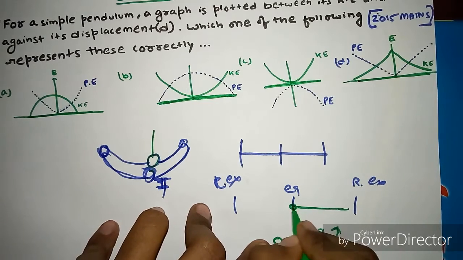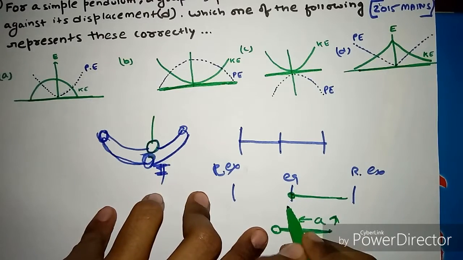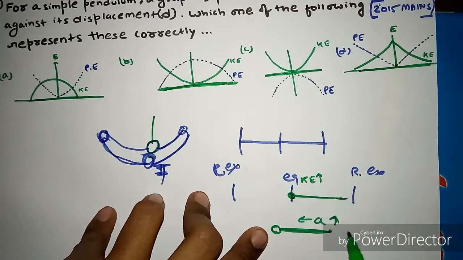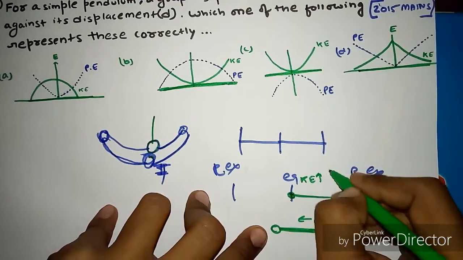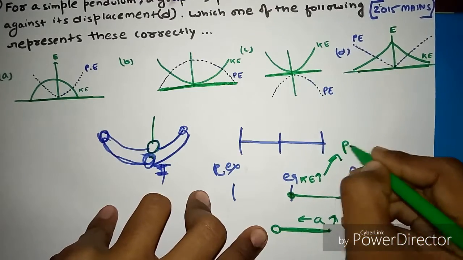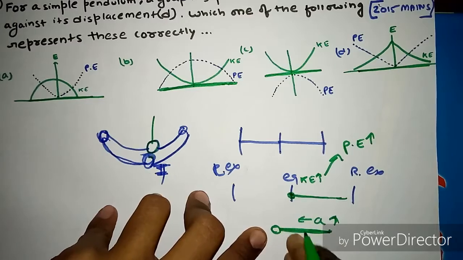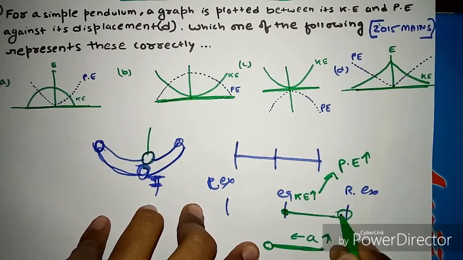At the equilibrium position, it has the maximum kinetic energy, and when it moves to the right extreme, its kinetic energy converts to potential energy. At the right extreme it has zero or minimum kinetic energy and maximum potential energy.